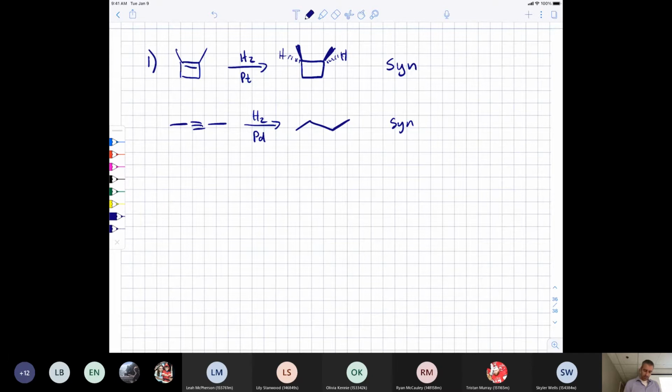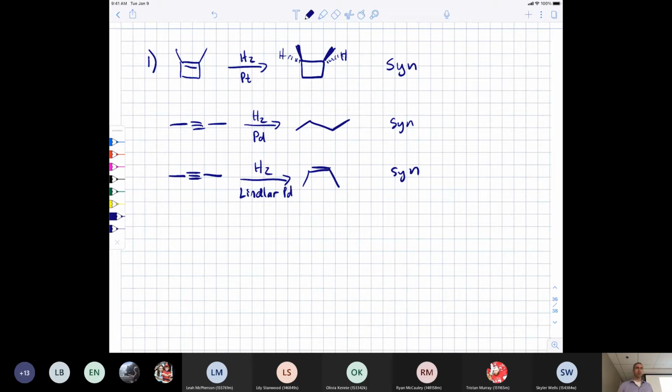We had a variation of this, though, where we have a catalyst that would stop at the alkene to give you a cis alkene. Did anyone remember what the catalyst was called? Yeah, Lindlar's catalyst.